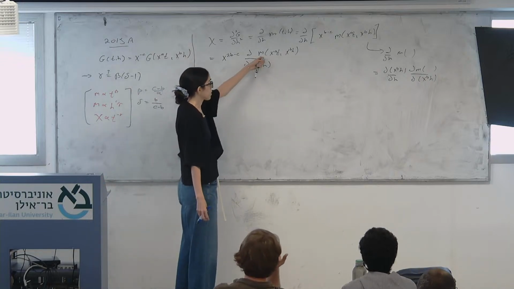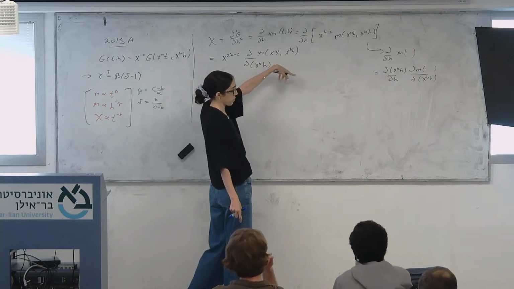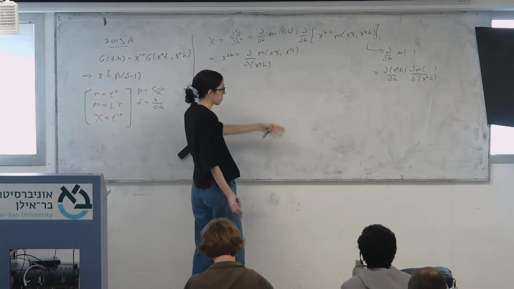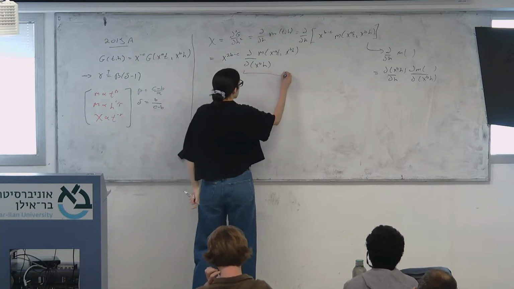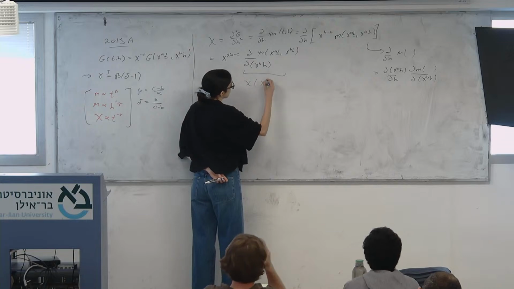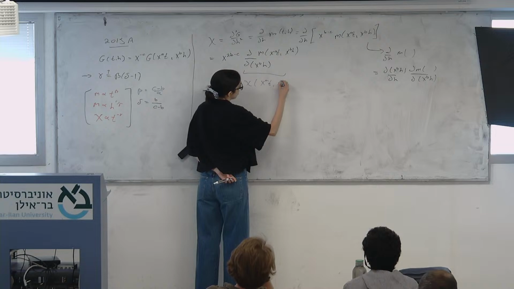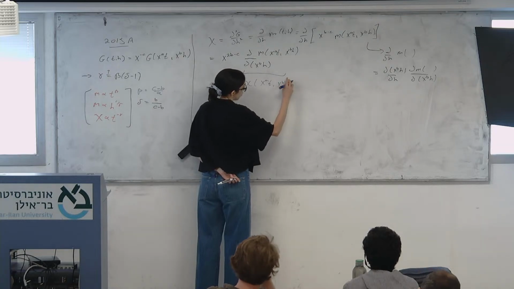So what's the derivative of m by the argument that is now going to be the new field? The susceptibility for x to the a t, x to the b h.